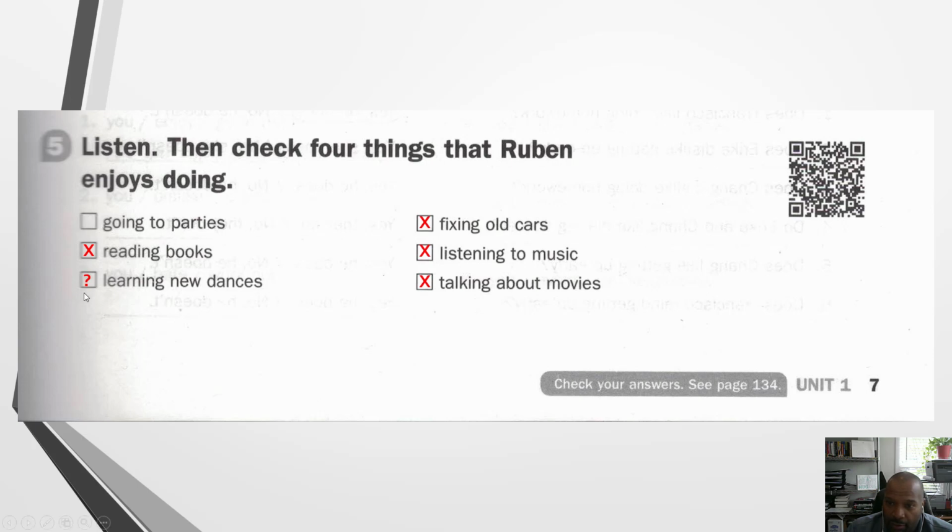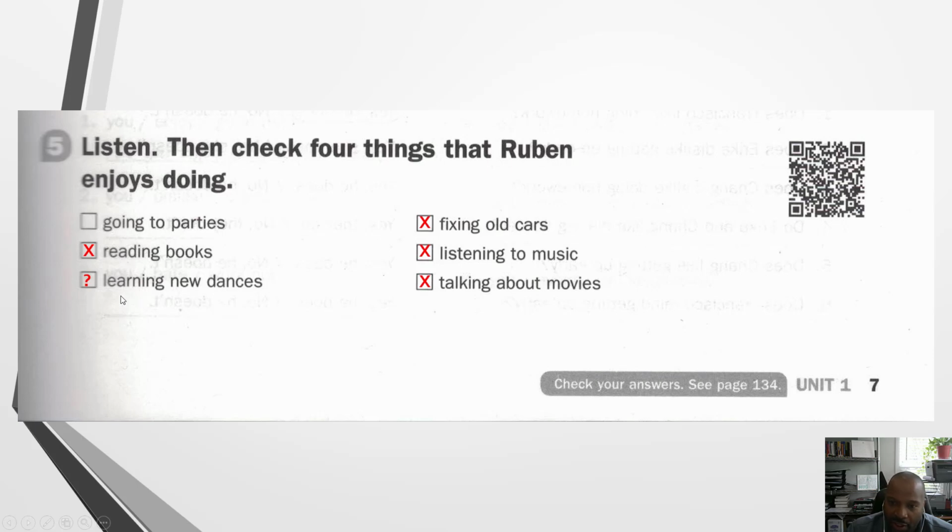Okay? But learning new dances, I didn't understand from the audio whether he enjoys these things, whether he enjoys learning new dances. What I did hear was that she said she was going to teach him some new dances, right?